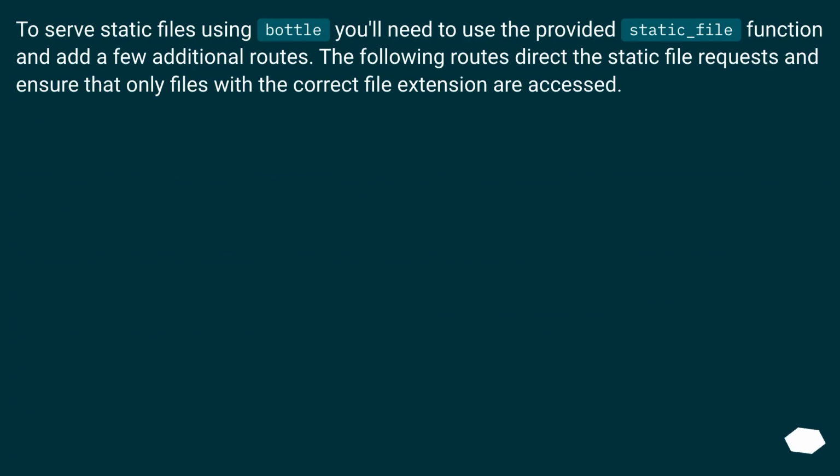To serve static files using Bottle, you'll need to use the provided static_file function and add a few additional routes. The following routes direct the static file requests and ensure that only files with the correct file extension are accessed.